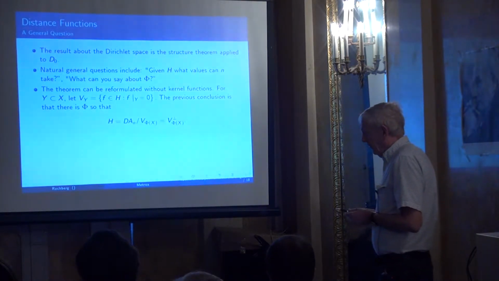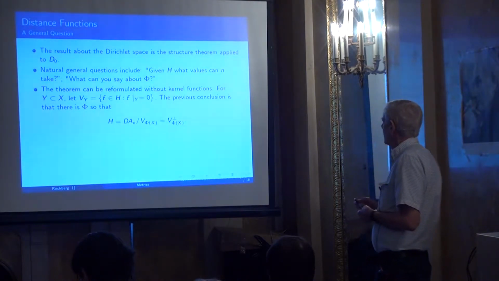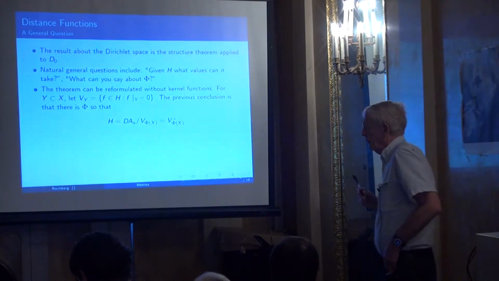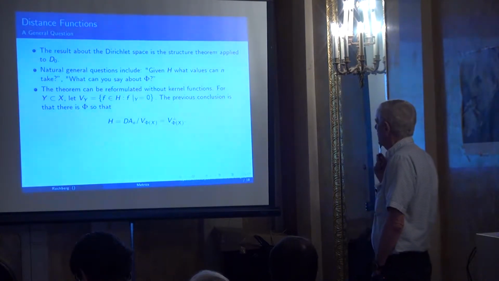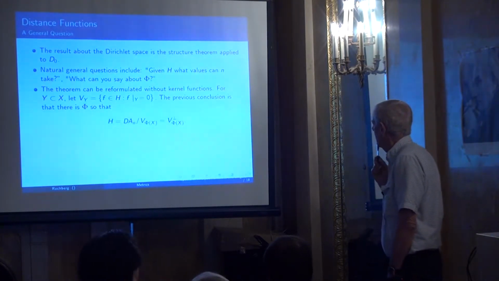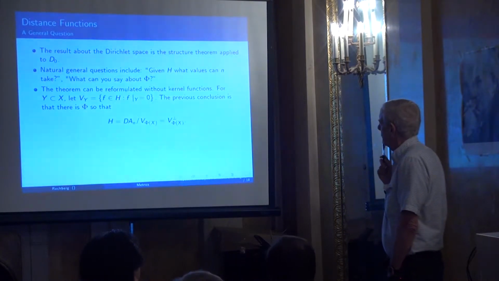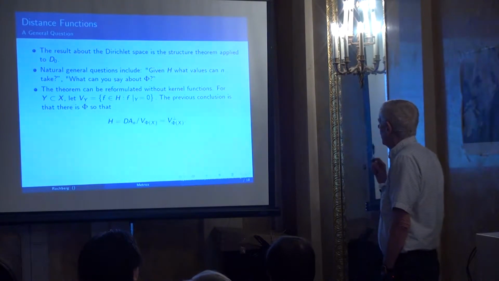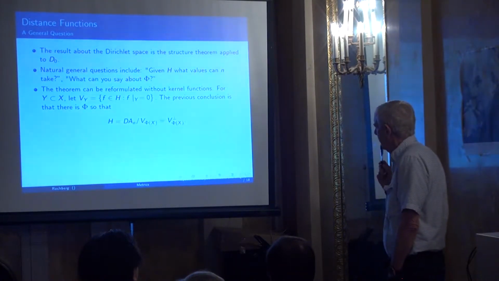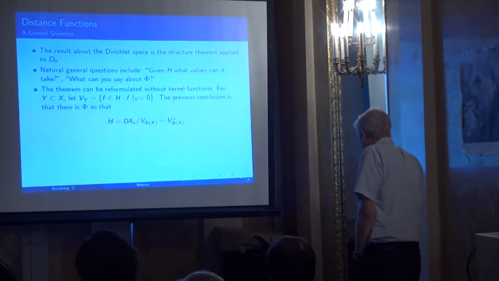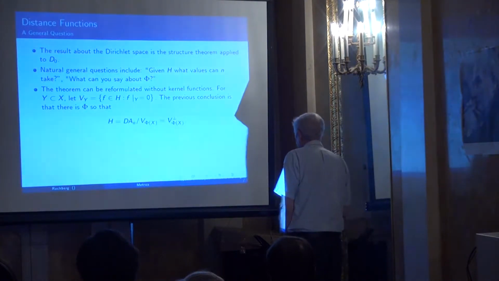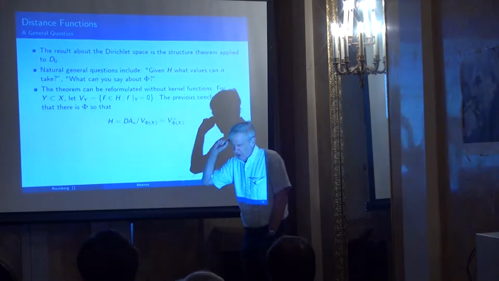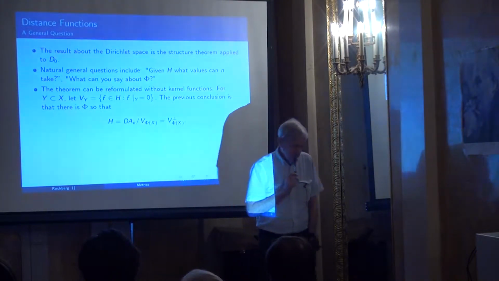And one of the things I want to focus on is I raised these questions in the language of reproducing kernel Hilbert spaces and talked explicitly about the reproducing kernels. We can reformulate this without the reproducing kernels, because what we're doing when you unpackage the definitions is we're mapping x into the ball, and then we're looking at this space of functions that vanish on the image, that vanish on phi of x.